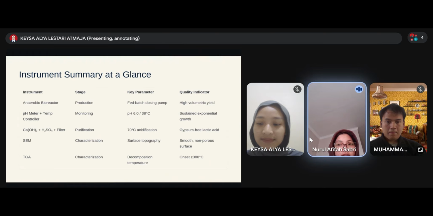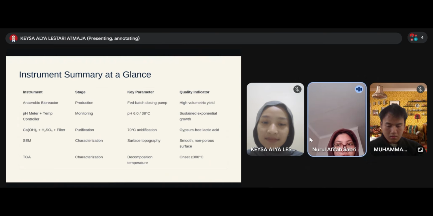On this slide, we can see a summary of the instruments used in each stage of lactic acid production. In the production stage, an anaerobic bioreactor with a fed batch system is used to maximize yield. During monitoring, a pH meter and temperature controller are applied to maintain optimal conditions at pH 6 and 38 degrees Celsius.